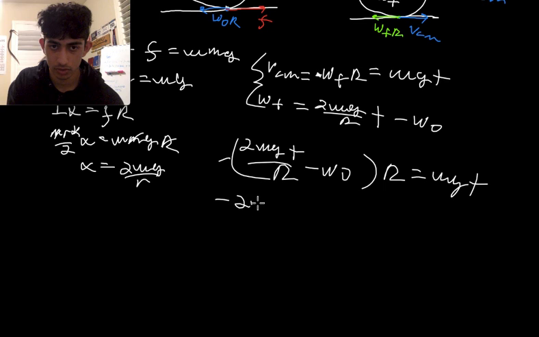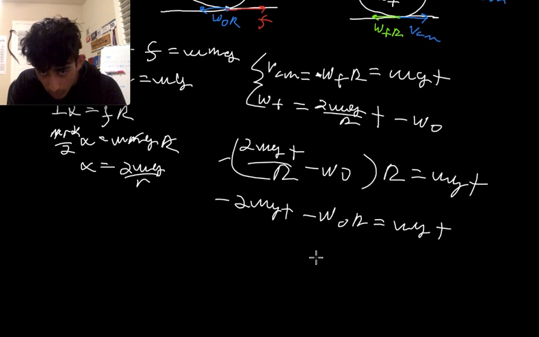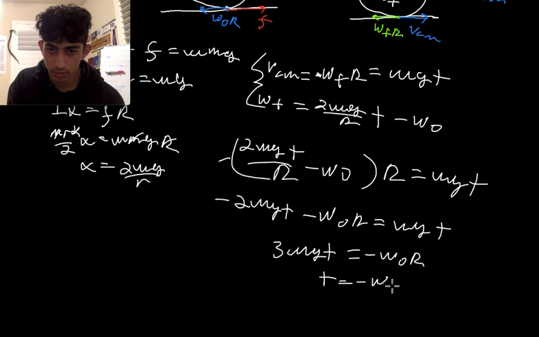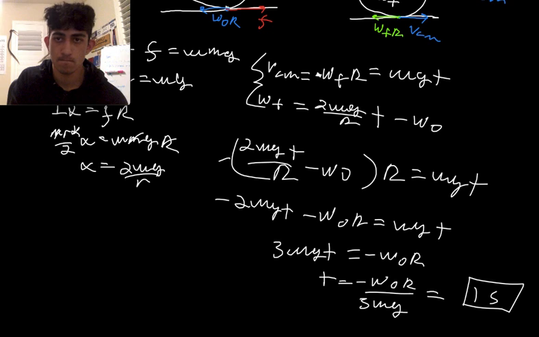Now if we continue with our algebraic manipulation, and you get that t equals omega naught r over mu g, and this will come out to be 1 second.